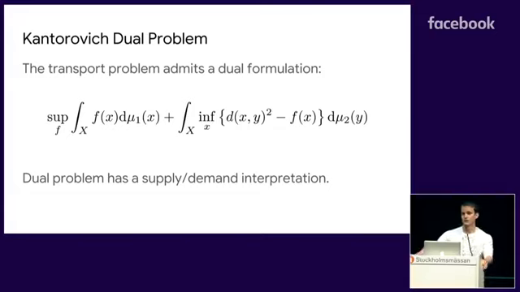All right, so I mentioned duality. The Wasserstein cost has an equivalent dual problem, which is given up there. You don't have to think too hard about the equation. There is a very simple supply-demand interpretation. Whilst the primal problem asked you to shovel sand from point A to point B, the dual problem is telling you, well, okay, I'm a merchant.